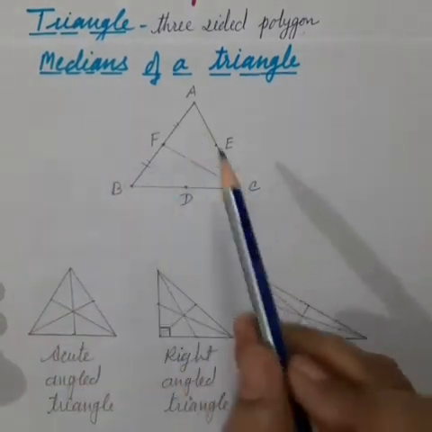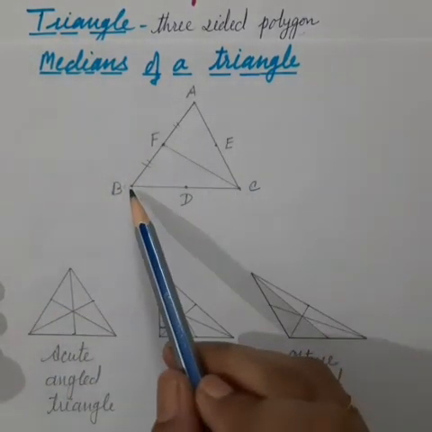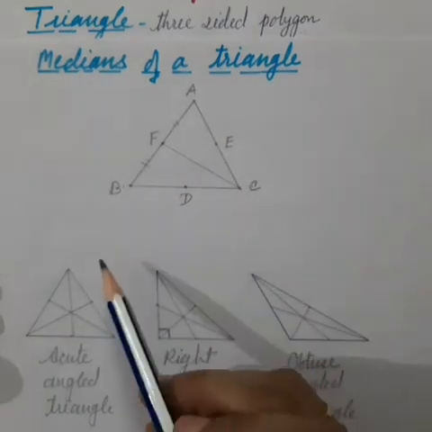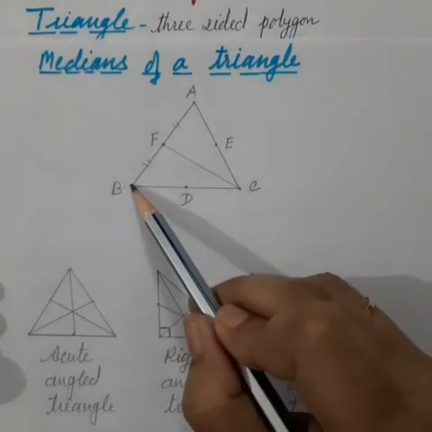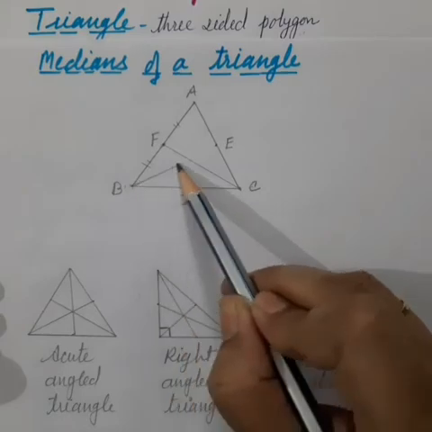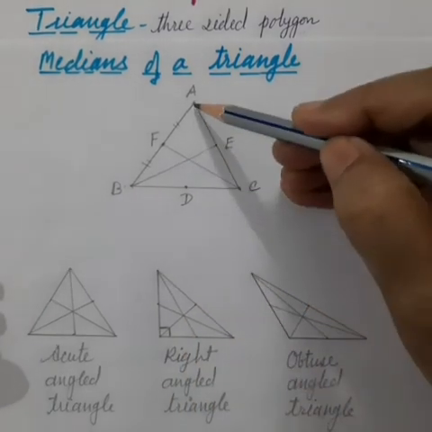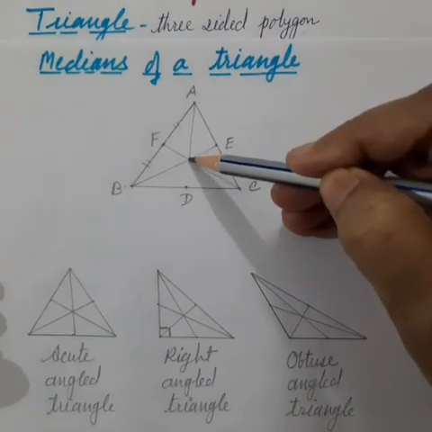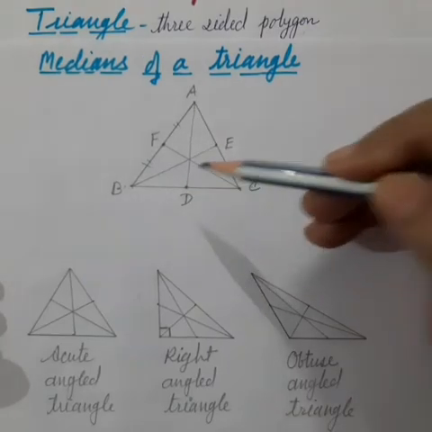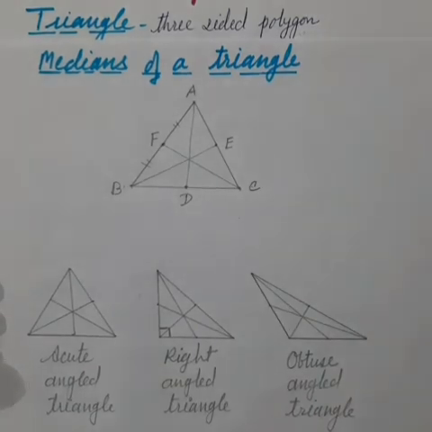And a triangle has three vertices and accordingly three opposite sides. So this vertex B and the midpoint of its opposite side E. This vertex A and the midpoint of its opposite side D. So it has three medians. These are the medians of an acute angle triangle. These are the medians of a right angle triangle.